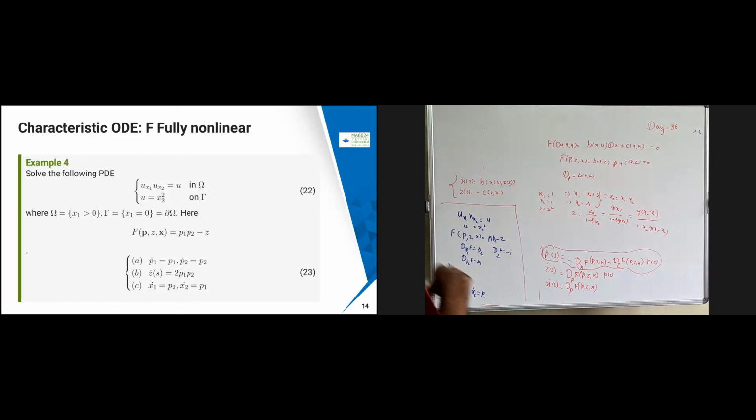Then again p of s you are going to take it. So that means you are going to get p2 p1 dot p1 p2, which is nothing but p2 into p1 plus p2 into p1. Therefore, this is going to be 2 p1 p2.